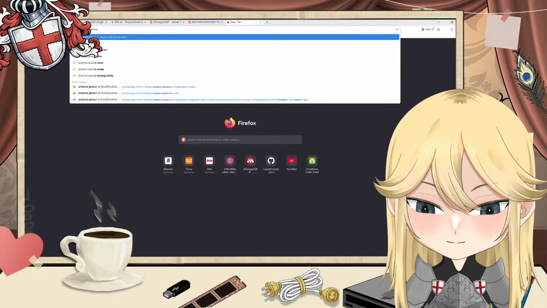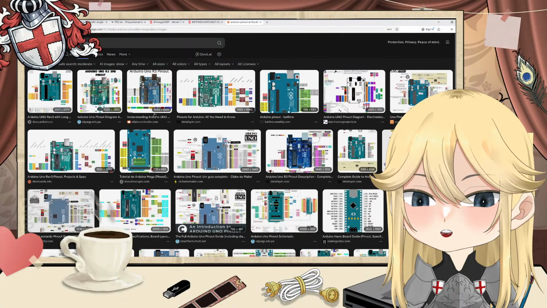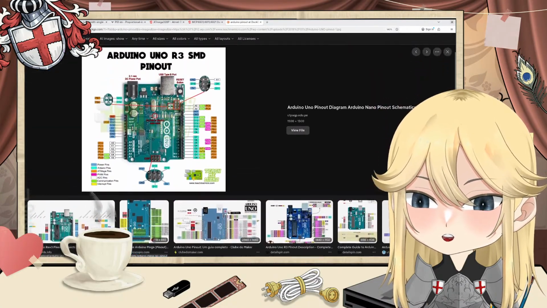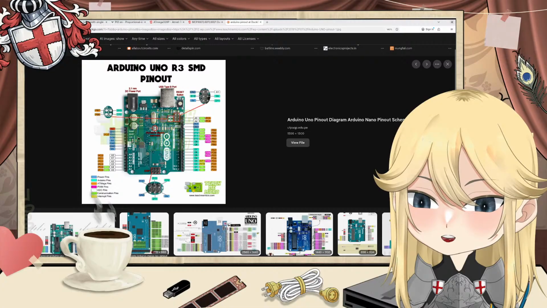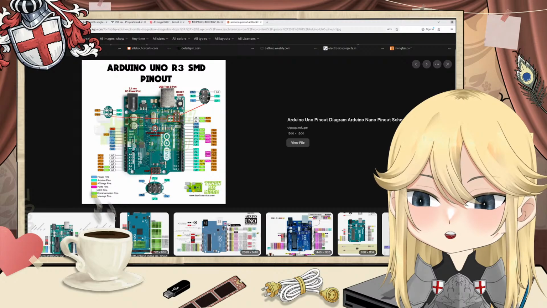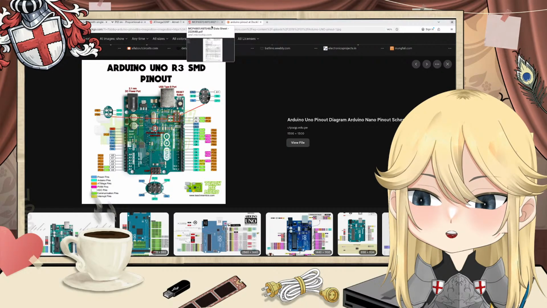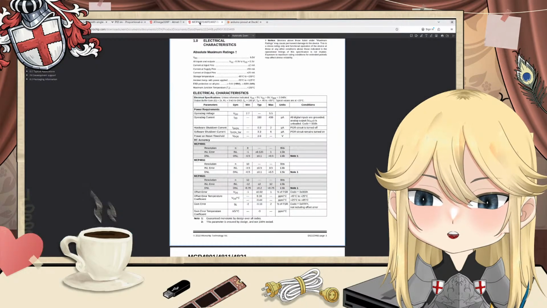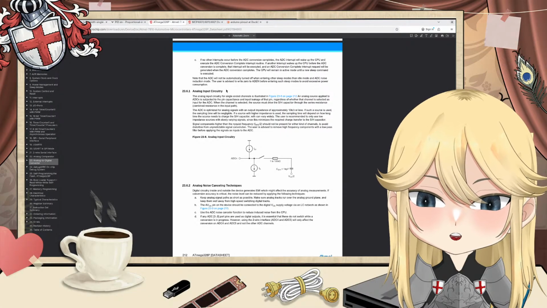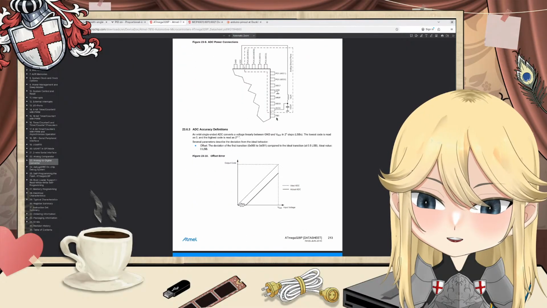Arduino pinout. There is like a VREF somewhere. Oh, AREF, probably this one, right? Okay, we don't use that pin. We have all of the analog stuff here. Analog input circuitry. Cool story, bro.